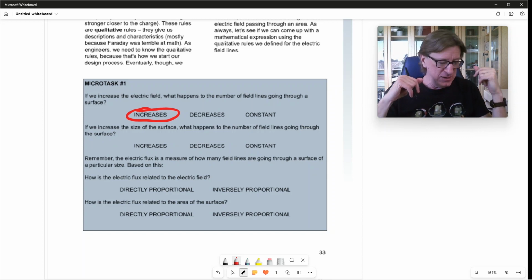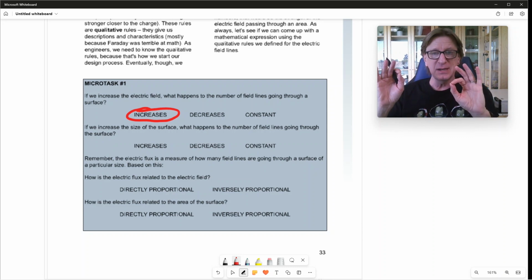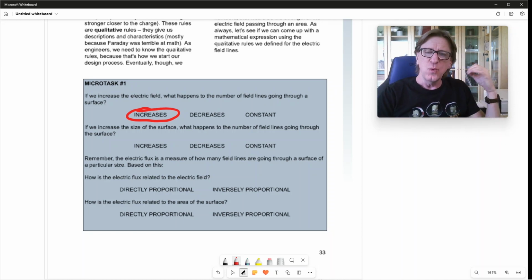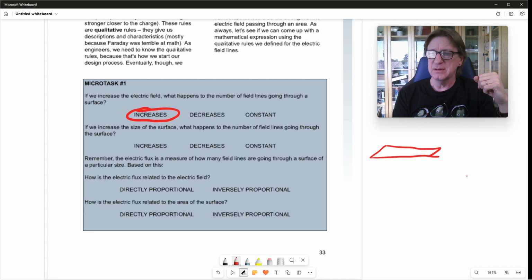Now, if I increase the size of the surface, so I'm going to keep the electric field the same, but now I'm going to increase the size of my imaginary surface that all these things are going through. What happens to the number of field lines going through that surface? Might be a good idea to do a sketch. All right, well, if you think about your sketch, if this was my first case, and I've got my field lines going through here, I'm just penetrating straight through.